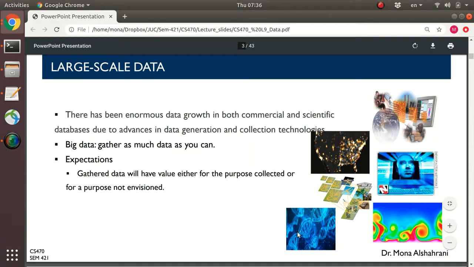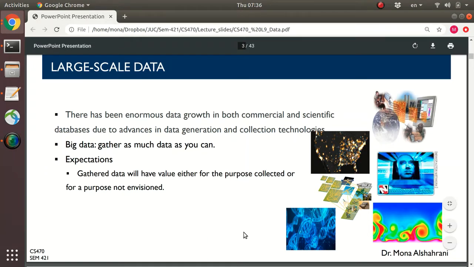For example, in the biomedical domain, nowadays high-throughput technologies can produce terabytes of data in a matter of hours, and that was not possible 1 or 2 decades ago. So how can we make use of such data to, for example, predict the outcomes of a disease, find treatment, or avoid getting infected with some viruses?